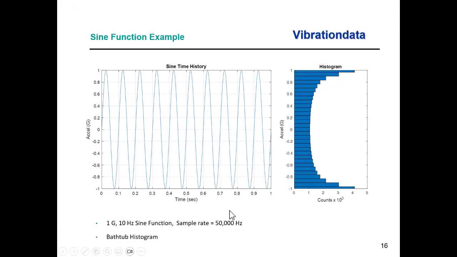So here is the sine function, and off to the left we've got acceleration g versus time in seconds. 1 second duration, it's 10 hertz there, so you could count the number of positive peaks and divide by time, and that would be 10. A more proper way to estimate frequency is to do something called the positive slope zero crossing rate.